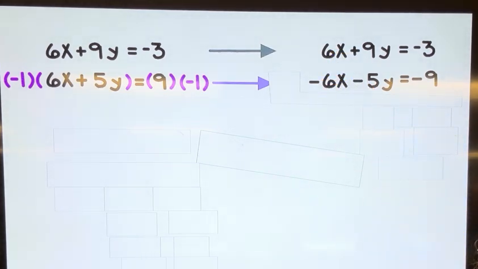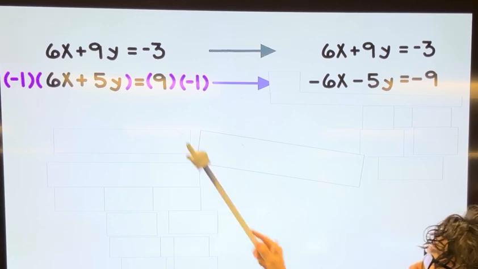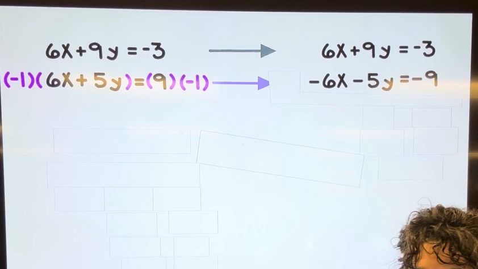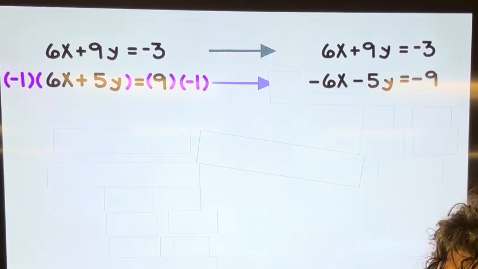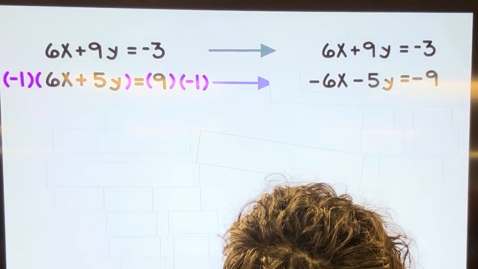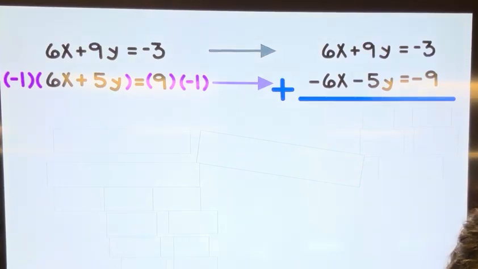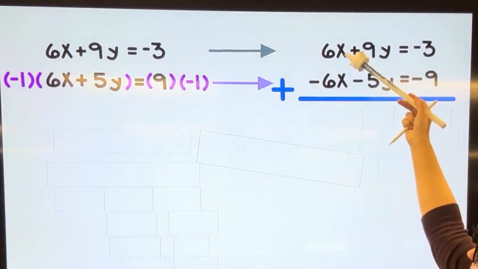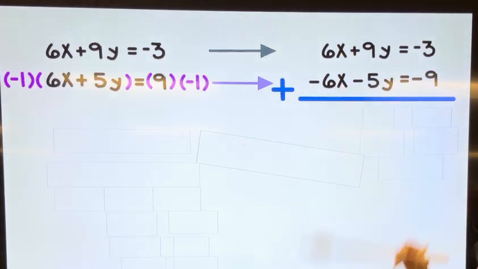We had one extra step in this problem, and that was to multiply both sides of one of the equations by -1. Now that they're opposites, I'm going to draw my line and add them together. When I add them together, 6x minus 6x is nothing. The x's were eliminated.